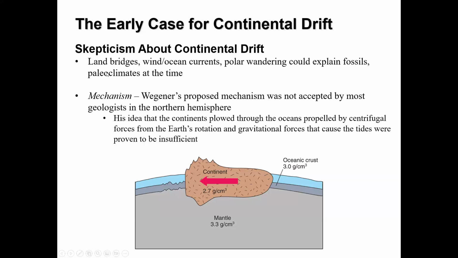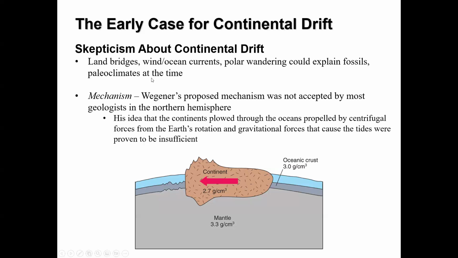So people could explain why we see fossils across different continents as, maybe there were land bridges that these creatures could have walked over at the time. Wind and ocean currents could have distributed Glossopteris pollen across those different continents. Polar wandering could explain why we see different fossils in different locations, rather than continents moving around.